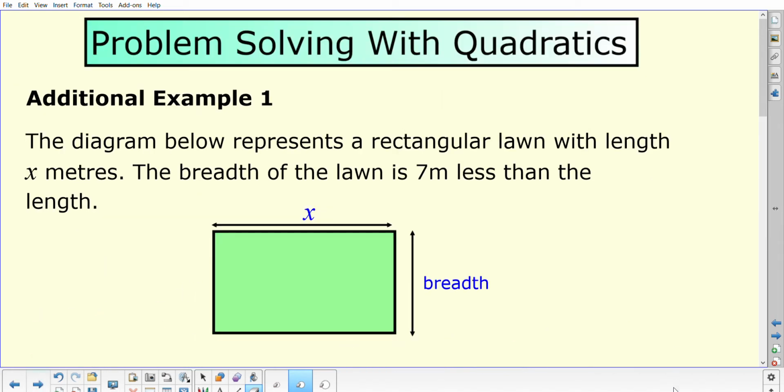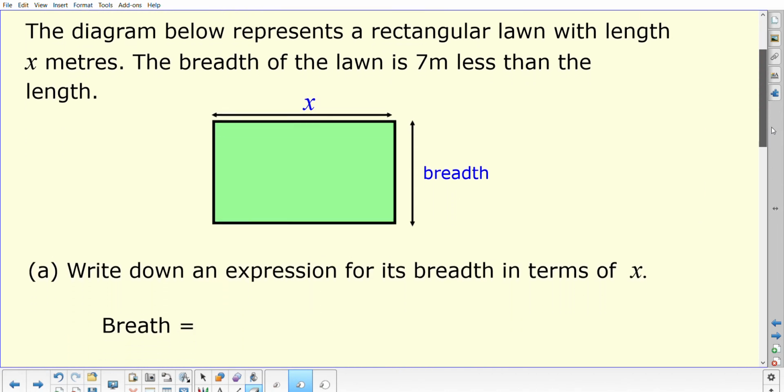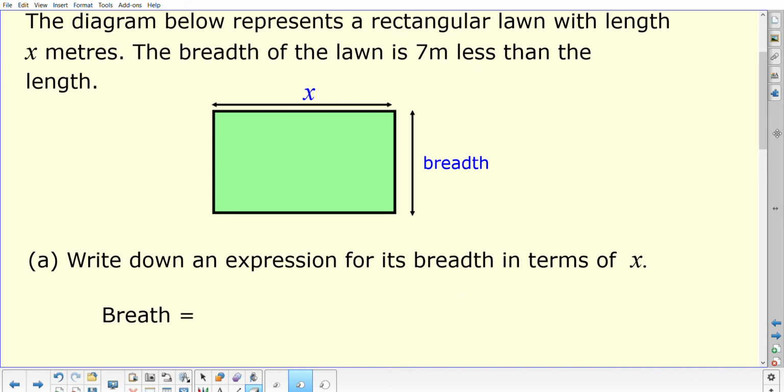So, right, the diagram below shows a rectangular lawn with length x metres. The breadth of the lawn is 7 metres less than the length. So in the first instance, you've been asked to write down the expression for the breadth.